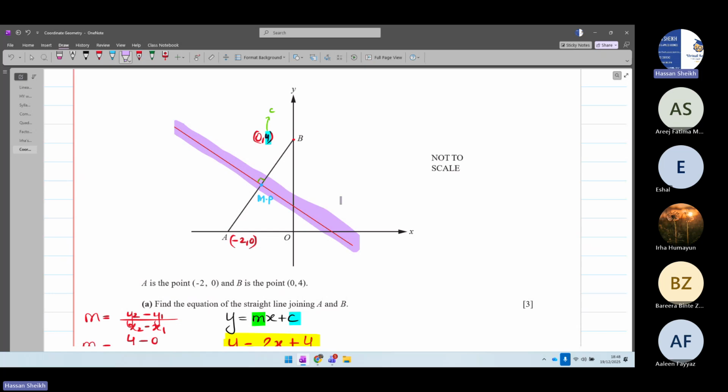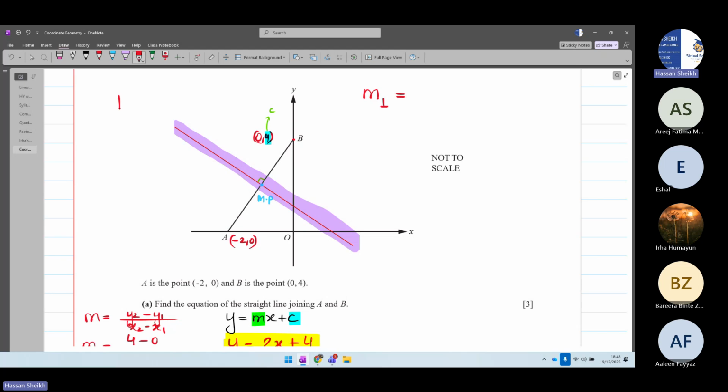We don't have the y-intercept for this line. So how do we find the equation of this perpendicular bisector? That's the question.